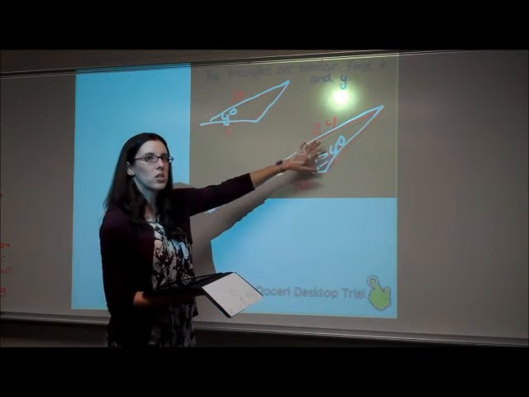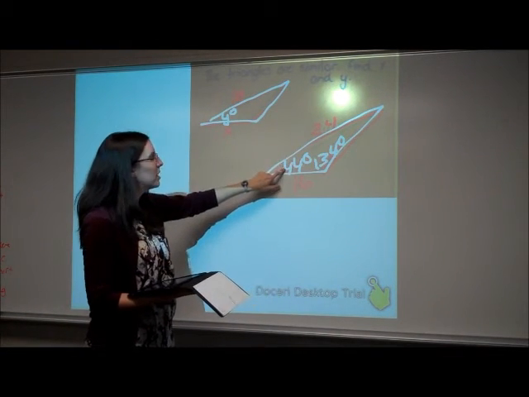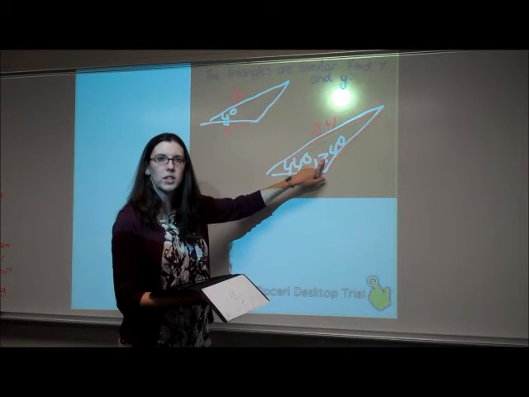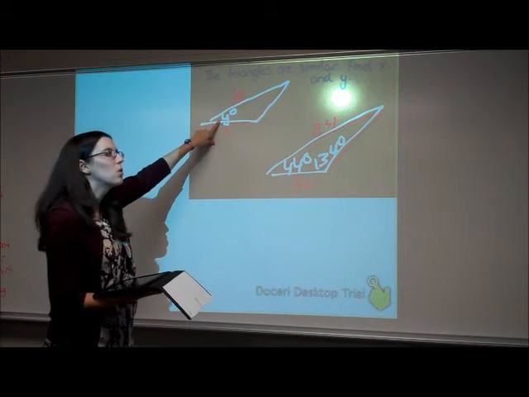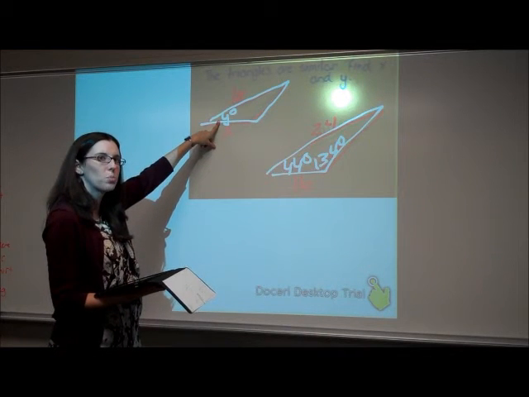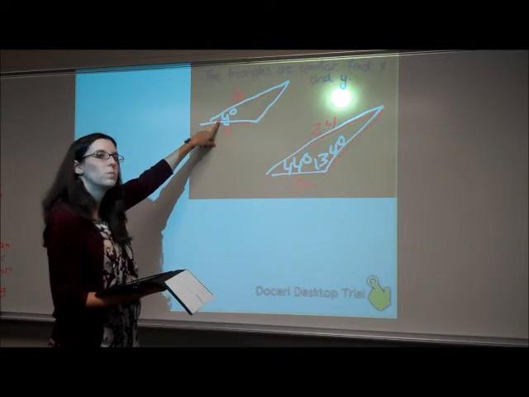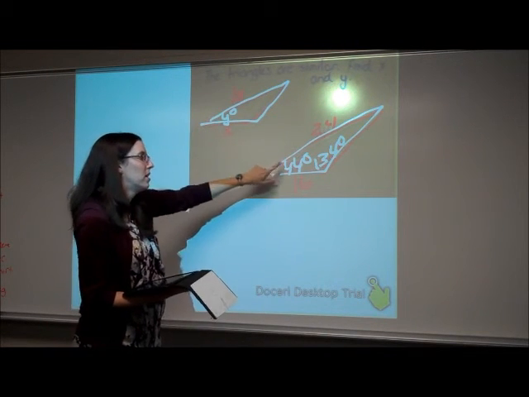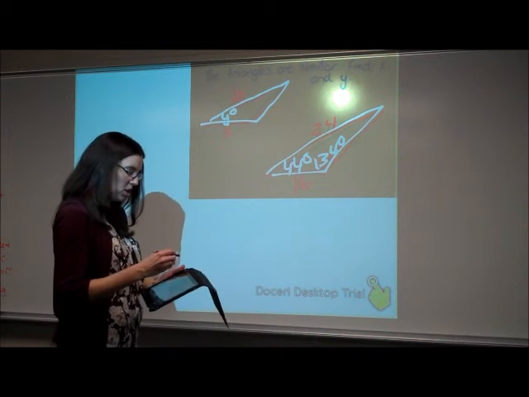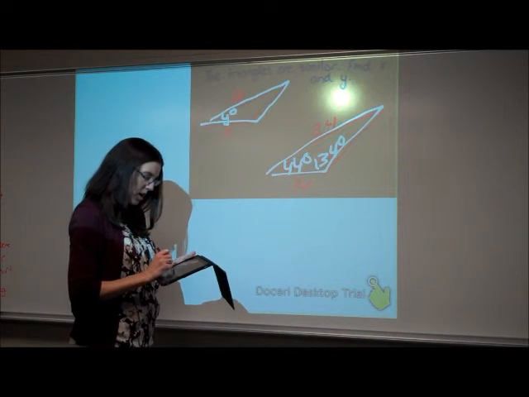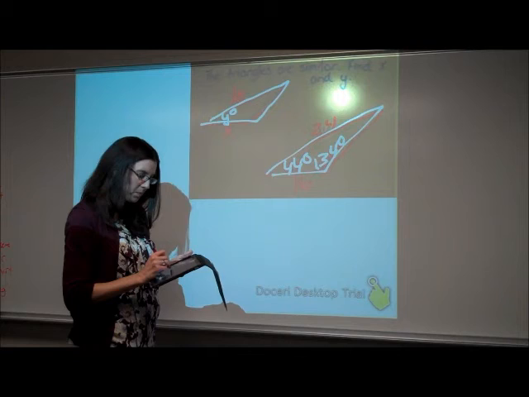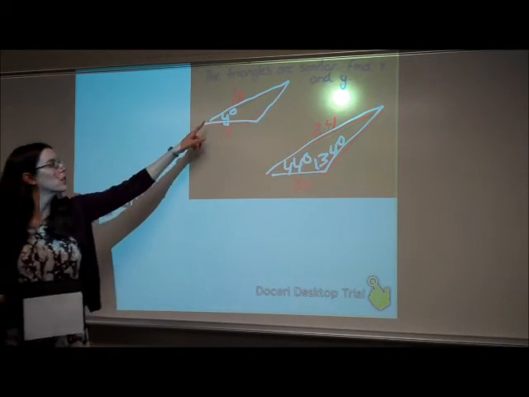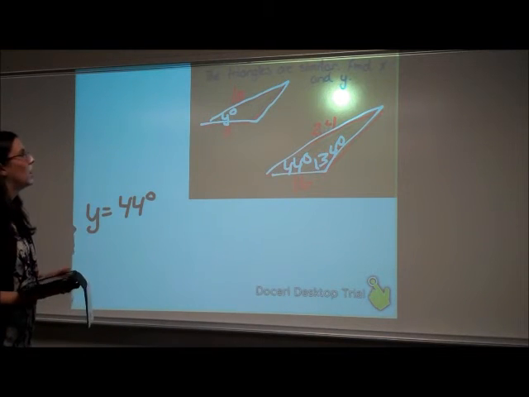If we look in our other triangle, we know that this angle is 44 degrees, this angle is 134 degrees. So which angle corresponds to y? Do we know it? Or is it the one we don't know? It's the 44. So we can say that y is equal to 44 degrees, because those are corresponding angles, so they're congruent.